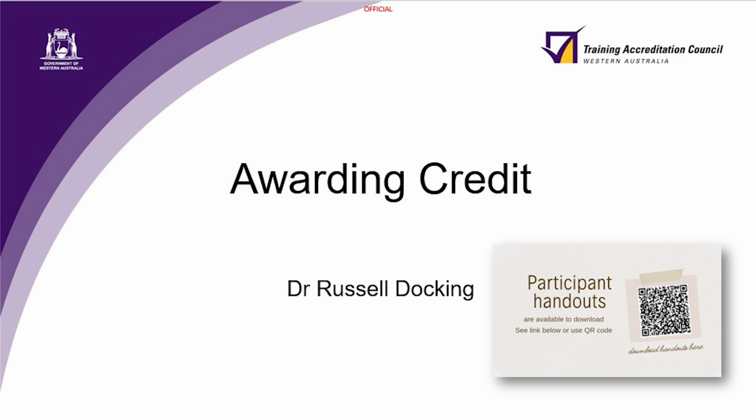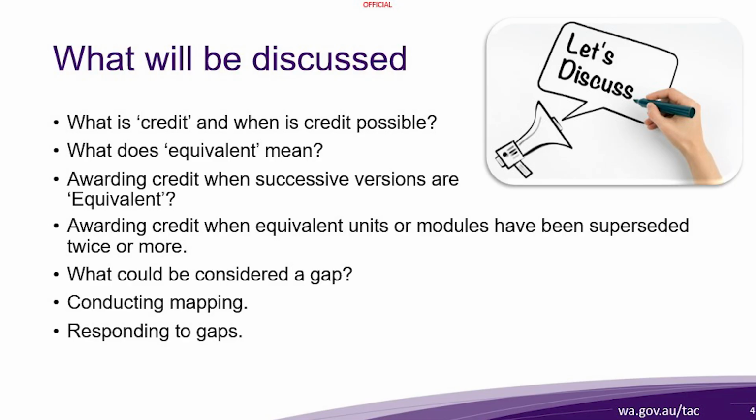All of those will be referenced from one time or another during today's session. If not formally, you'll recognize that we are taking ideas, concepts, principles and rules from those documents. And of course, the primary document is always the Standards for RTOs 2015.